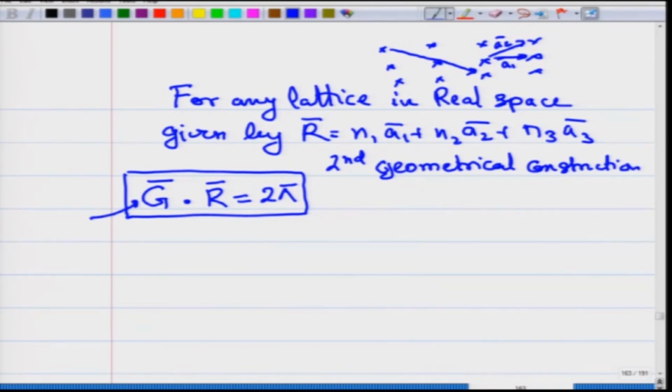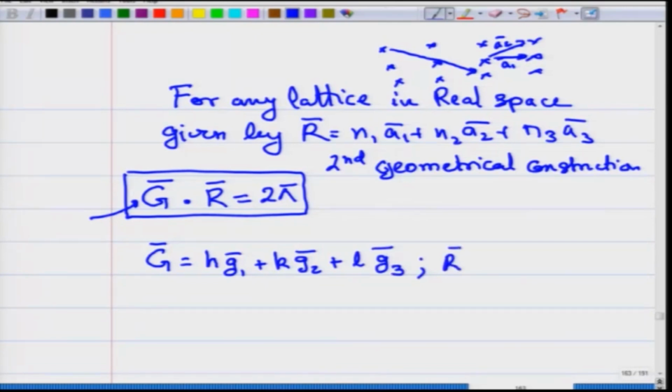to 1. Okay. Now, we have 3 components of this vector. We write it as h times g1 plus k times g2 plus l times g3, and R you already know is equal to n1 a1 plus n2 a2 plus n3 a3.